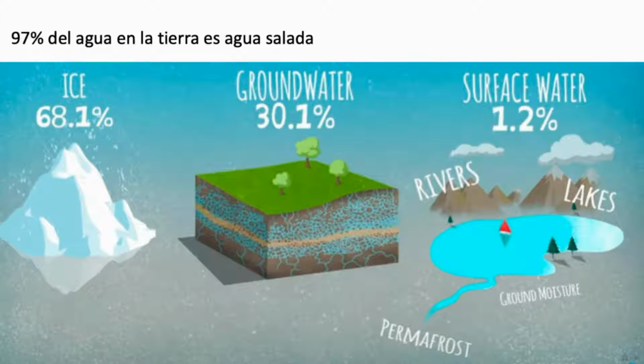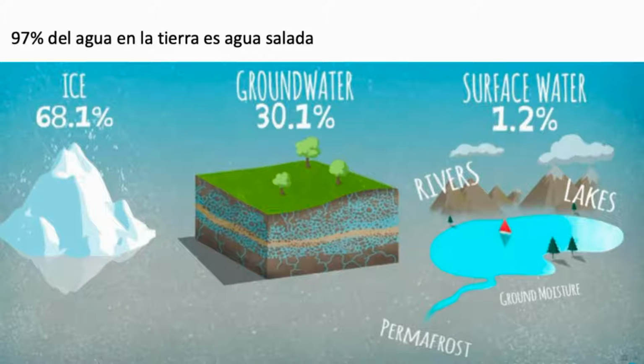First, I would like to point out that 97% of water on Earth is salted water. The rest is fresh water, present as surface water in rivers and lakes.